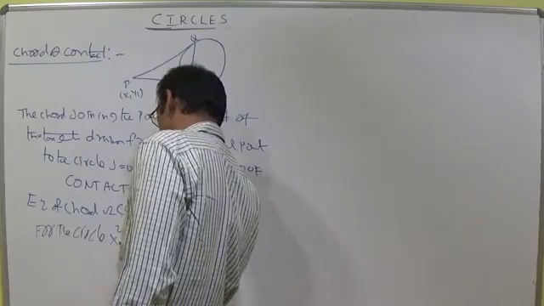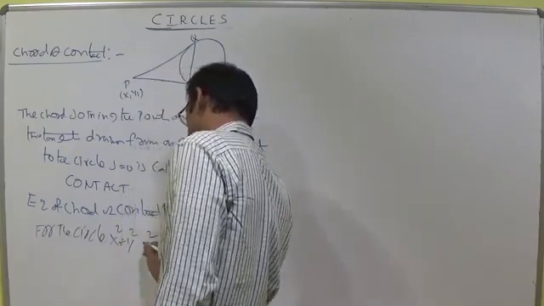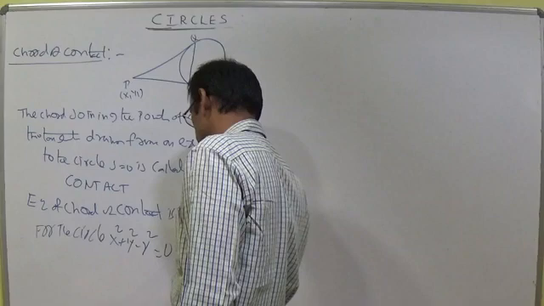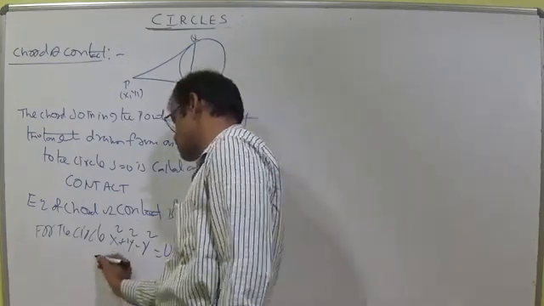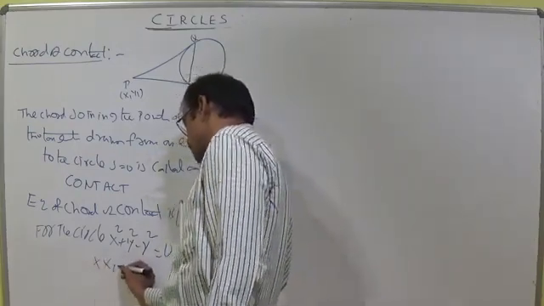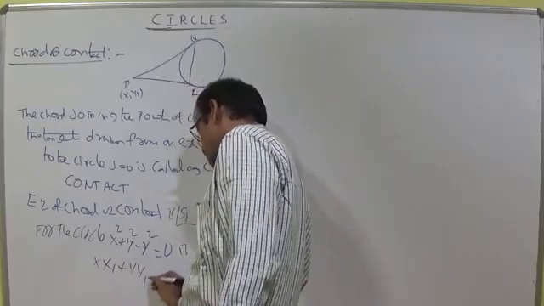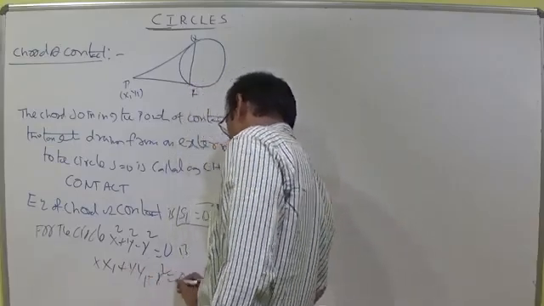Once again I am making you remember that for the circle x square plus y square minus r square equal to 0, the xx1 notation is xx1 plus yy1 minus r square equal to 0.